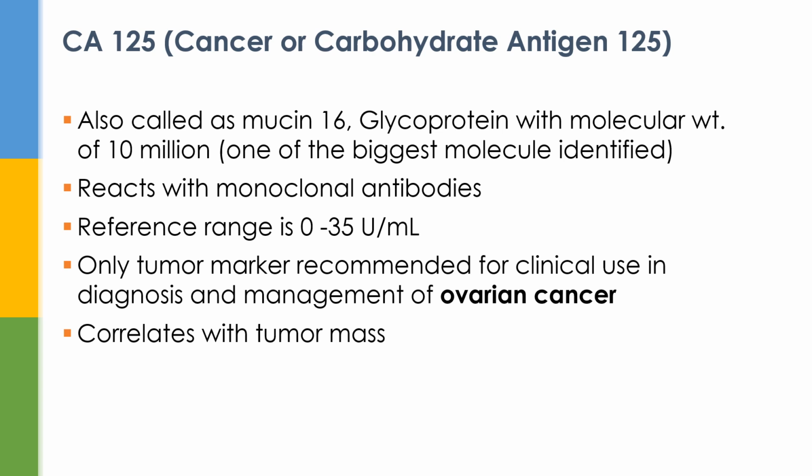This is the only tumor marker recommended for clinical use in diagnosis and management of ovarian cancer. Very typical for ovarian cancers, where there is elevation, and it is also used to monitor the therapy. These levels correlate with the tumor burden. That's why it can be used in diagnosis, in checking the effectiveness of therapy, and also in prognosis.